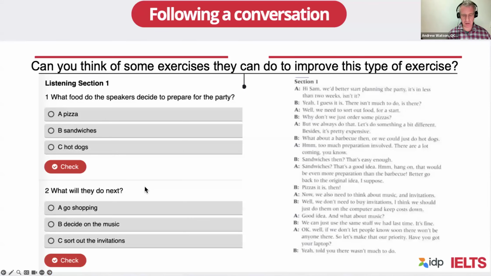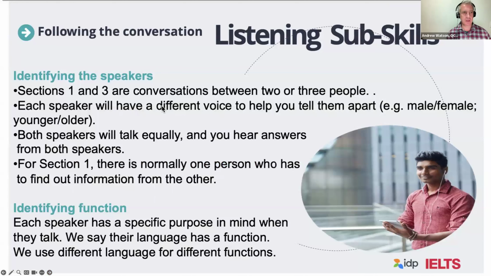Identifying the speakers. So in sections 1 and 3, conversations between 2 or 3 people. Each speaker will have a different voice to help you tell them apart. It's probably male or female, younger and older. Both speakers will talk equally and you will hear answers from both speakers. For section 1, there's normally one person who has to find out information from the other.